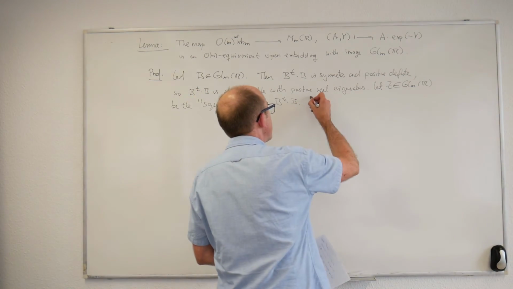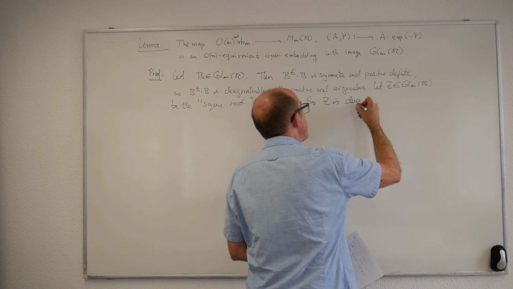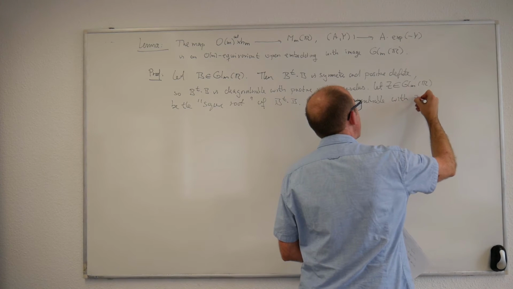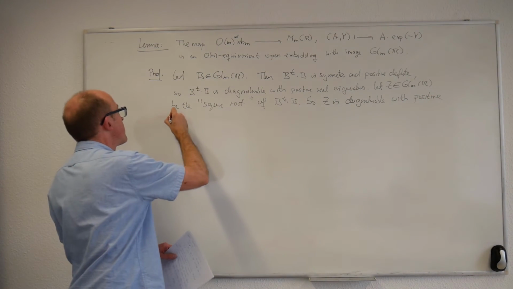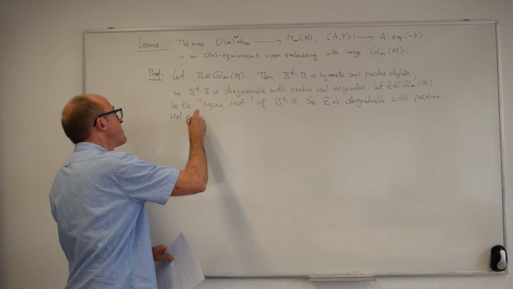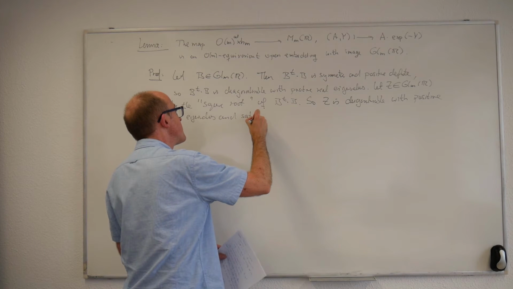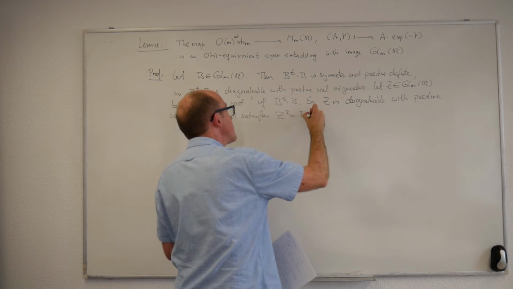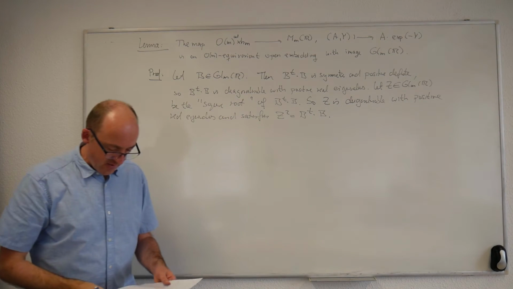In other words, Z is diagonalizable also with positive real eigenvalues, and it satisfies that Z squared is B^T times B, and this together in fact uniquely characterizes the matrix Z.